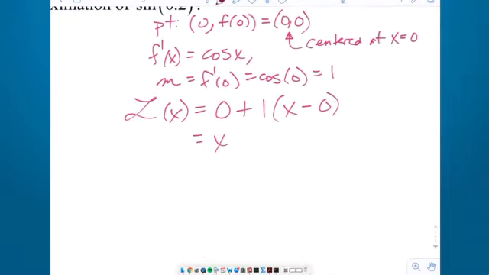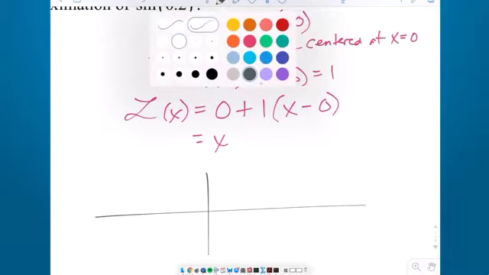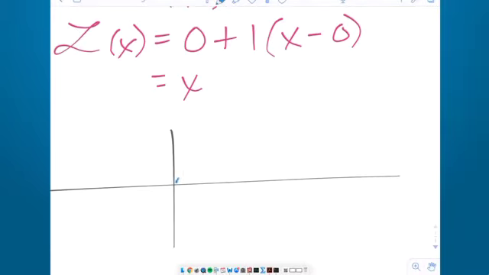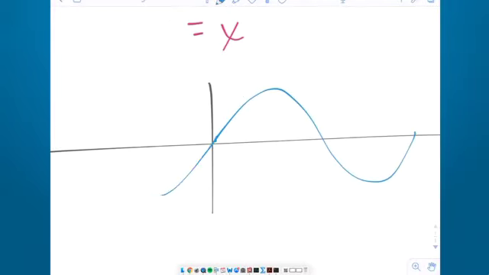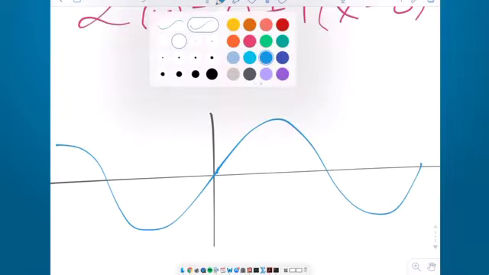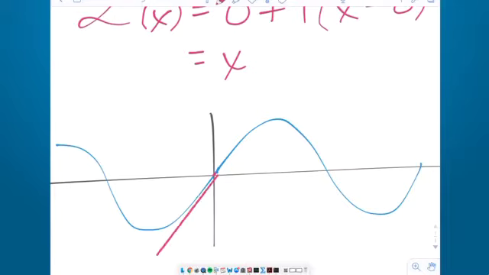Now, if we figure out graphically what it is we just did, the graph of sine looks like this, and it looks like that. What we just did is we wrote the equation of a tangent line that can be used to approximate the graph of sine at values of x near 0.